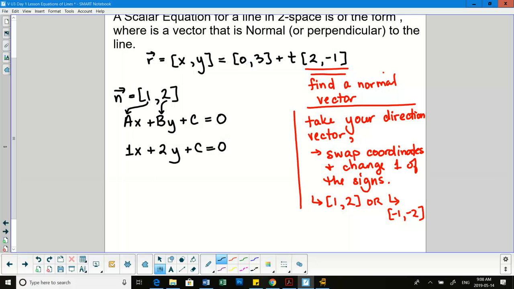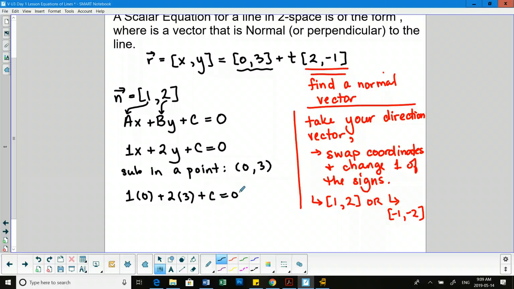So we know our point on the line based on our vector equation here, or again, if it tells you such and such thing is a point on the line, then we know that as well. So we'll sub in a point. Okay, we're going to use 0, 3 in for x and y. And this is just so that we can find that c value.